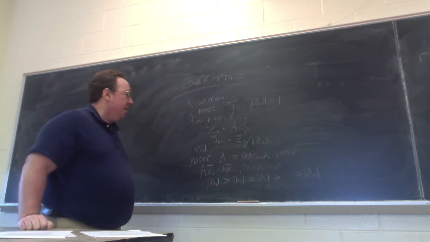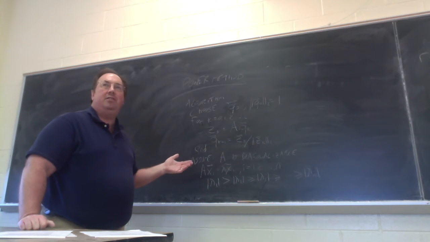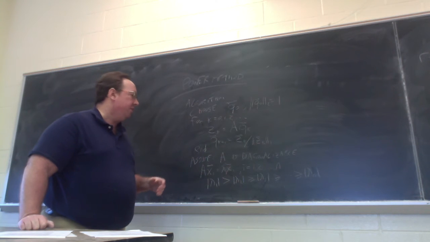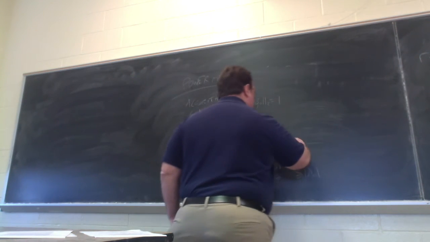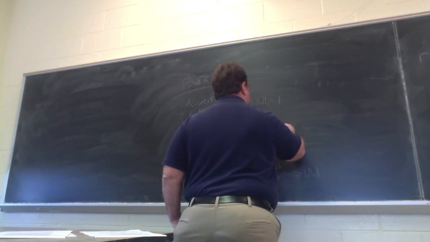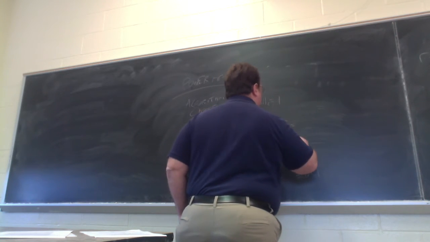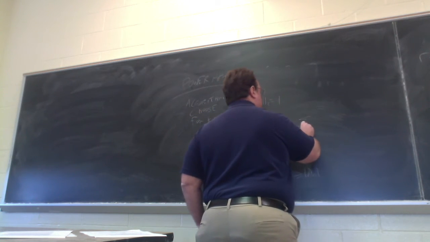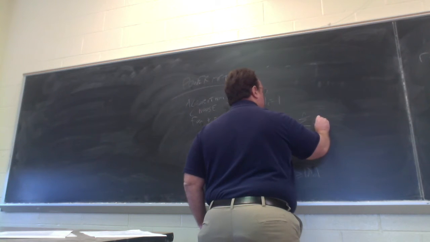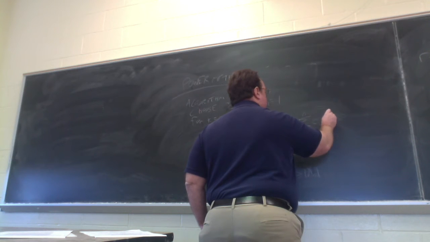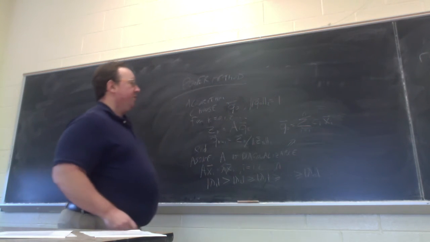Now, because the matrix is diagonalizable, the eigenvectors form a basis for the whole space. What that allows me to do is express Q0, my initial vector, as a sum, a linear combination of all of the eigenvectors.